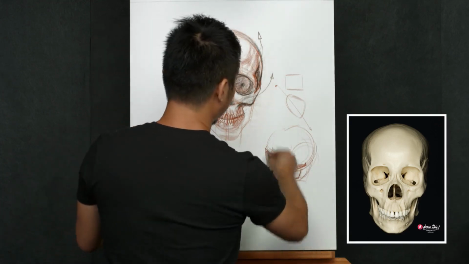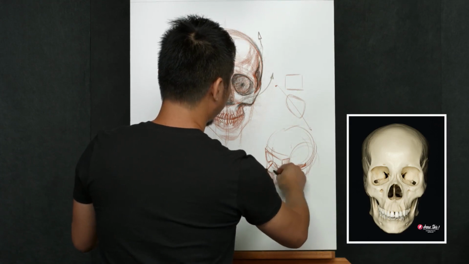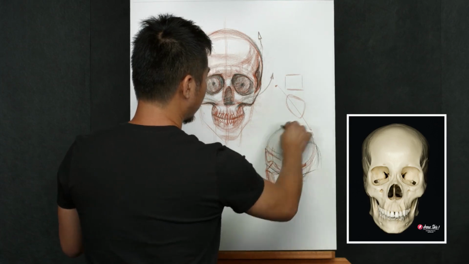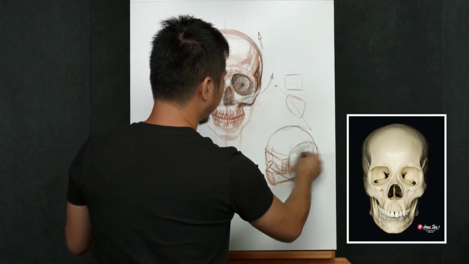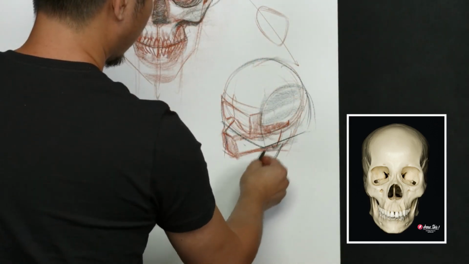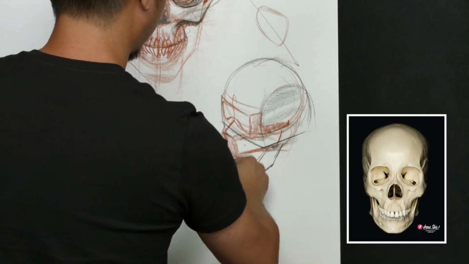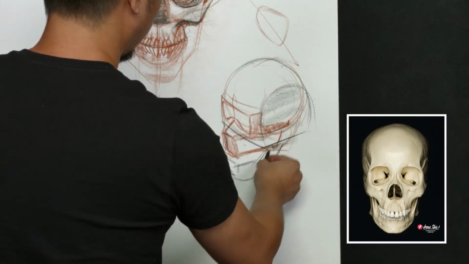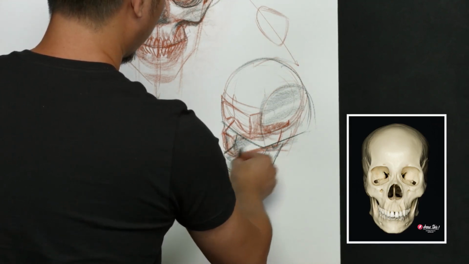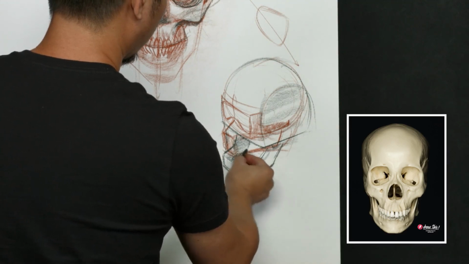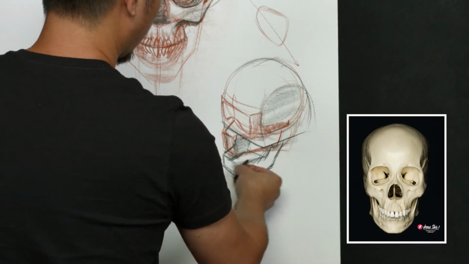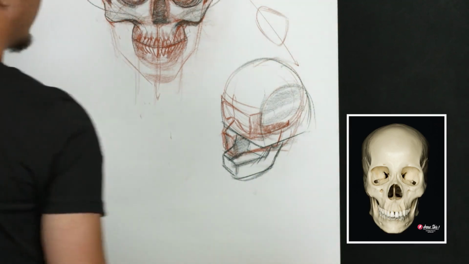So you've got the wider cranium, and you've got the narrower jaw that's shooting forward. Like this.